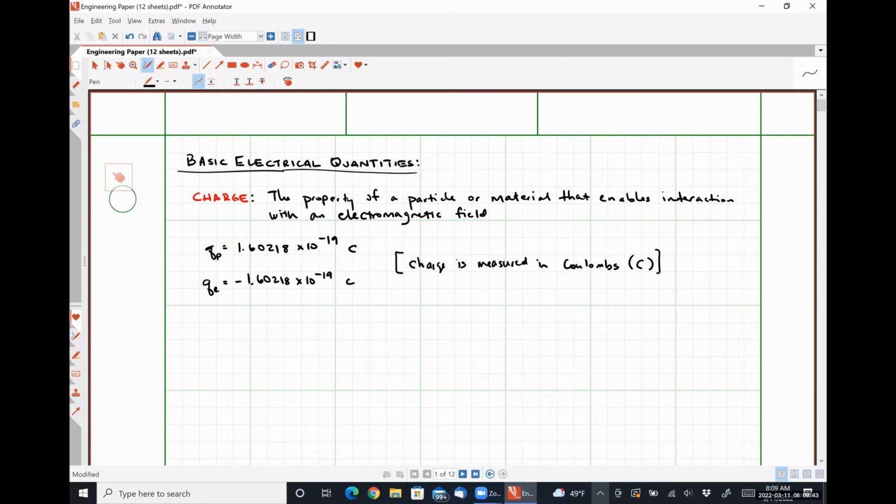Electrical charge is what's called a conservative quantity. And so that means it cannot be created or destroyed in a system. So if we have a closed system like an electrical circuit, the amount of charge that's contained within literally cannot change.